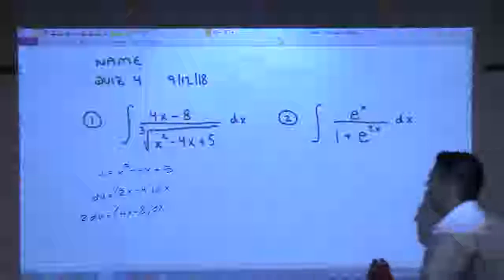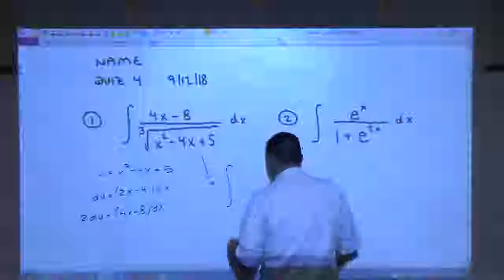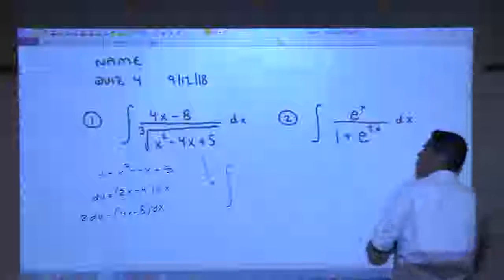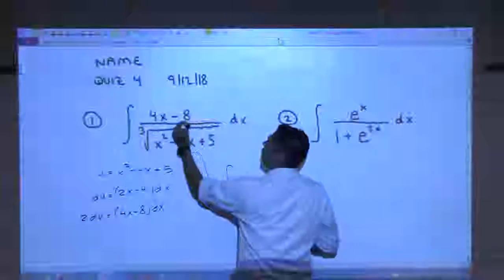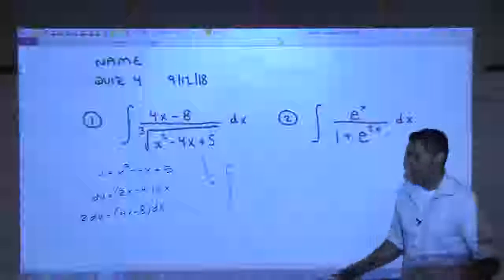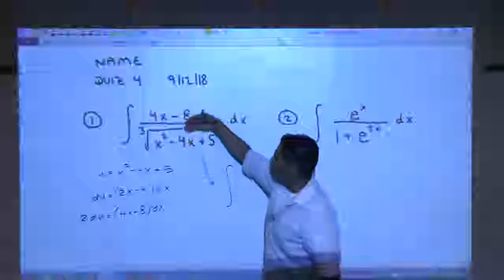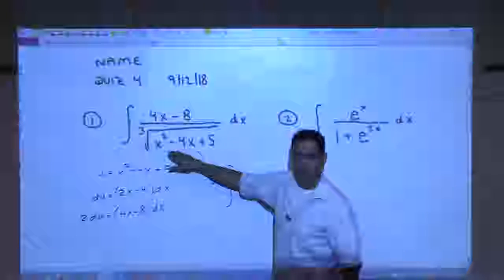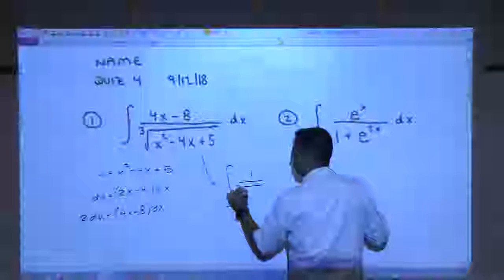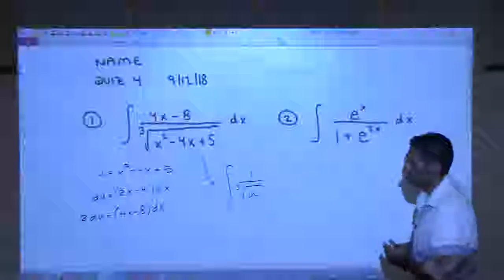So if I do this now, and I rewrite this integral, the 4x minus 8 dx, this whole thing all together, is 2 du for me. And then what's left is 1 over this, so that should be 1 over the cube root of u, because u is x squared minus 4x plus 5.